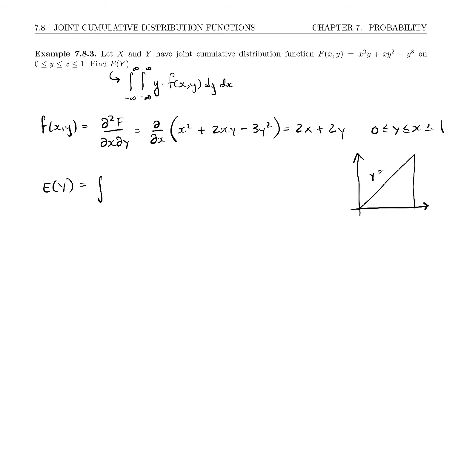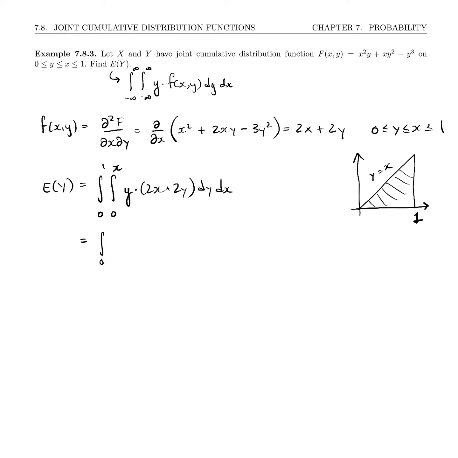So we're going to the line y equals x, and x from 0 to 1, so there's the support. And so we're going to go from 0 to 1, and y will go from 0 to x of y times the density function, and that density function is given right there. So y times 2x plus 2y, and we've got it in the order dy dx.